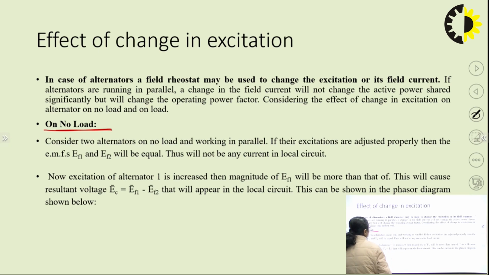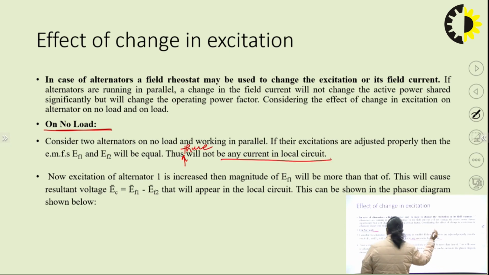Considering two alternators on no load working in parallel, if their excitations are adjusted properly, then the EMFs EF1 and EF2 will be equal. There will not be any current in the local circuit.